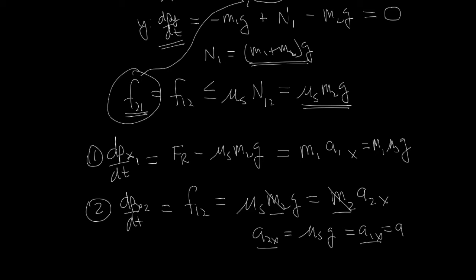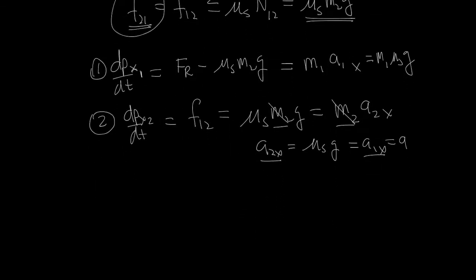And now we have our result, because the only thing we don't know in this picture now is the force. So I can solve this top equation for the force, putting in the acceleration, putting in F12, I'll put in all that stuff. So what I have is Fr minus mu s m2g is equal to m1 mu s g.